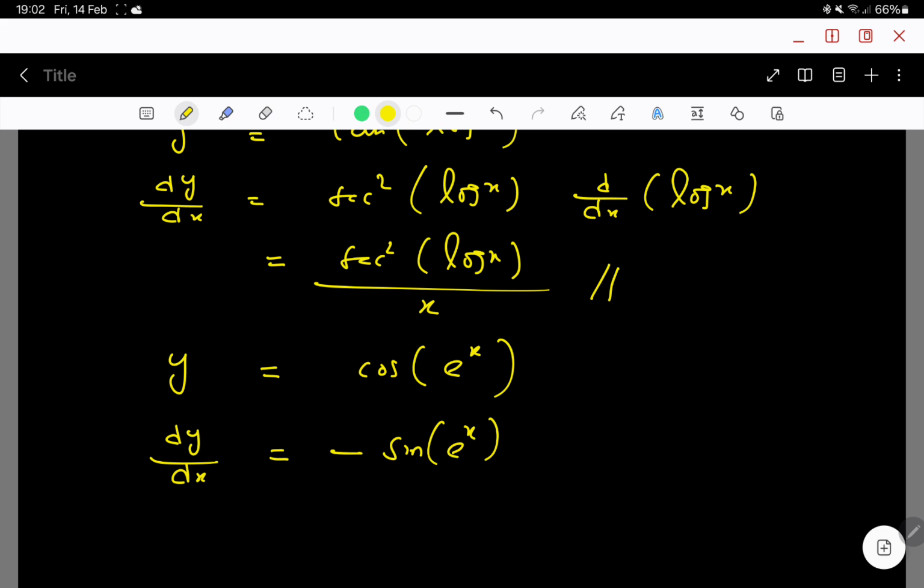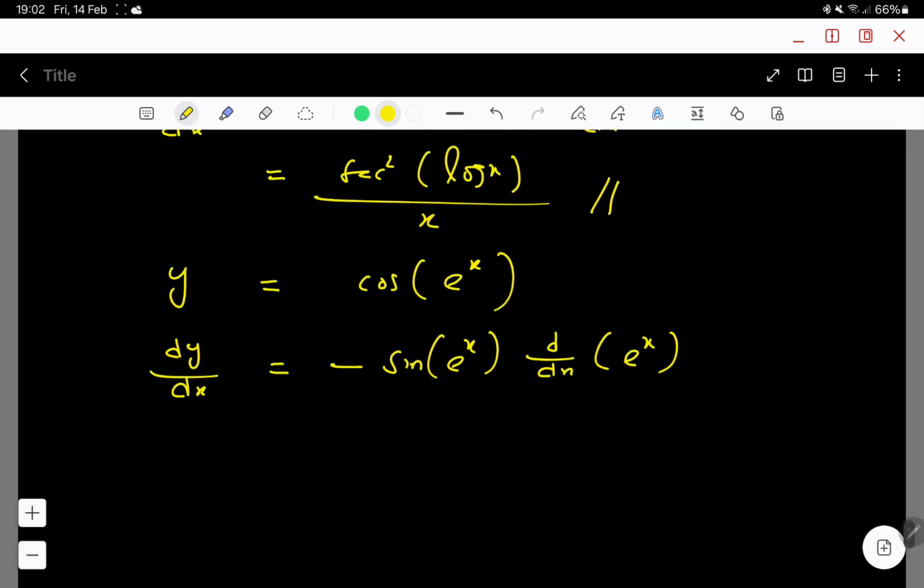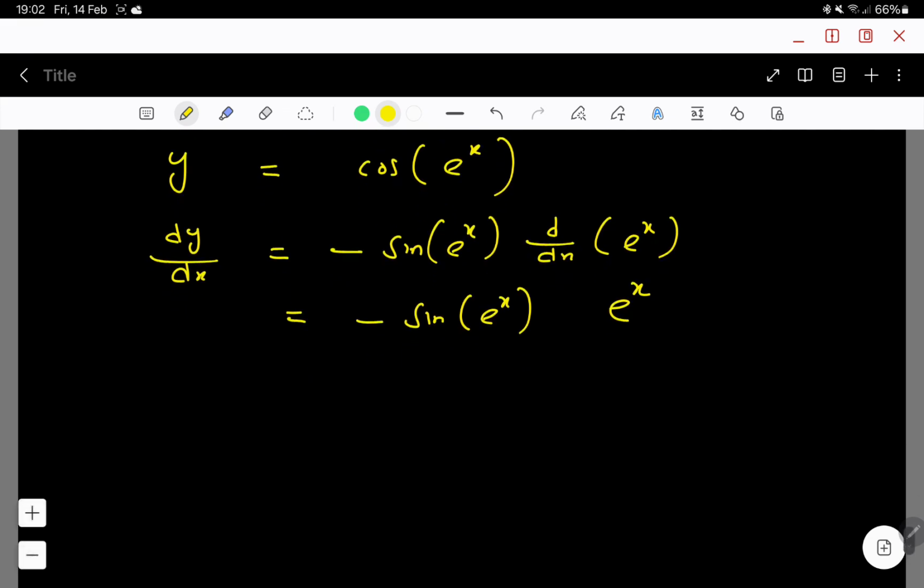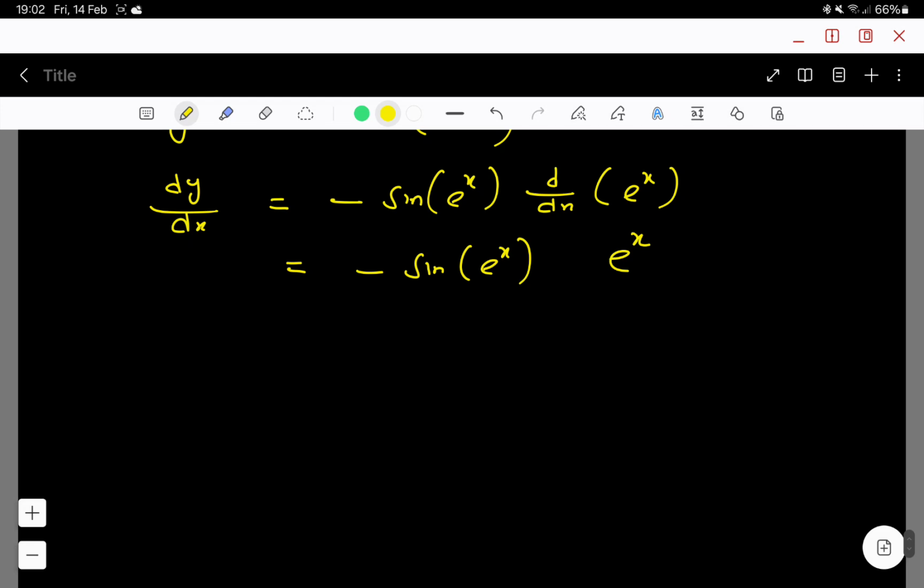Then differentiate e power x separately. D by dx of e power x is the same e power x. Now write e power x first, minus e power x sin of e power x.